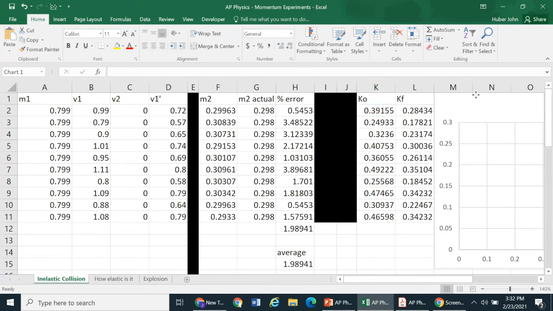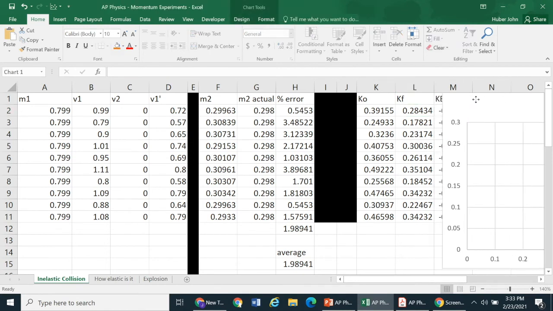I could also use all that data to calculate the final kinetic energy. Notice it's just 1/2 (m1 plus m2). Notice my m2 data is all here. M2 actual is 0.298 times d2 squared. And notice d2 here is v1 prime. And so I've got 1/2 (m1 plus m2) times v prime squared. And there's all my final kinetic energies.